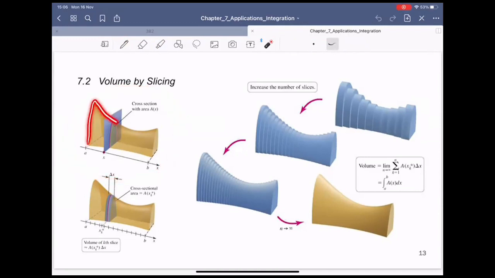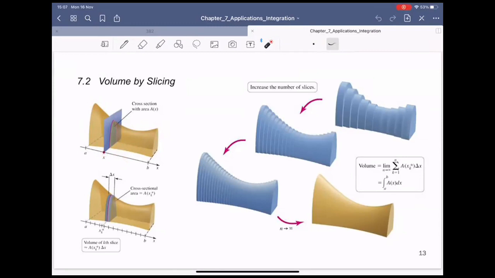For example, look at the solid that I circled here, the yellow thing. If you cut the solid perpendicular to the x-axis, the cross section is going to be the same shape all the time, no matter what x value you cut. You get the same shape, which is an open-down parabola.